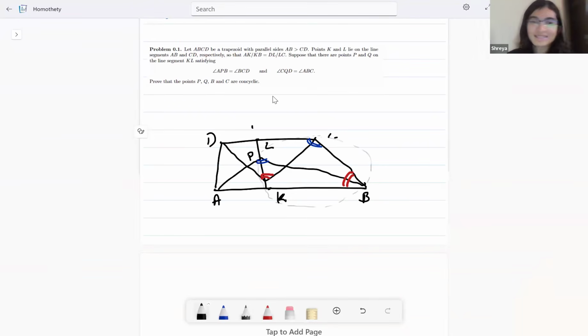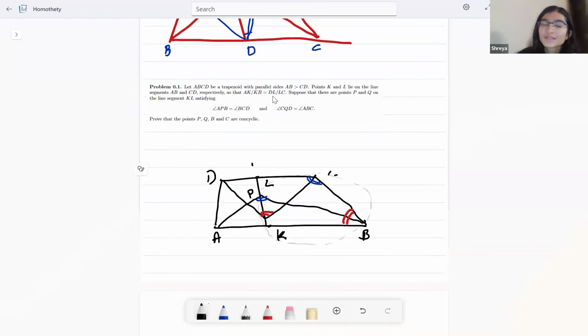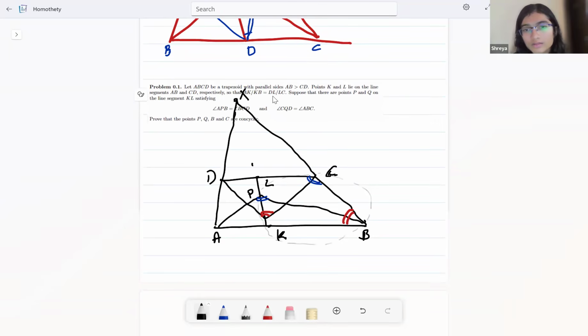You have parallel lines and this is a homothety class. So what we are going to do is extend the parallel lines to meet somewhere at X, and what we get is that there's a homothety at X with some ratio, it doesn't matter, which sends DC to AB. In particular, it sends D to A and C to B.